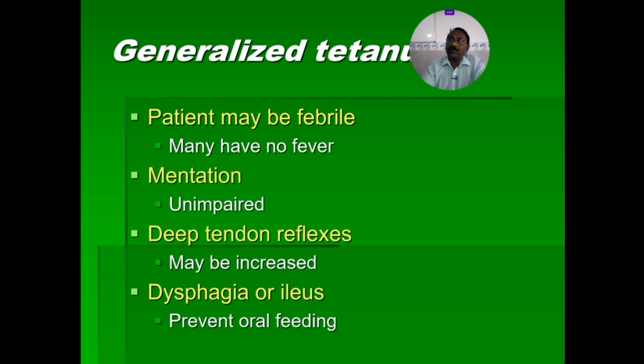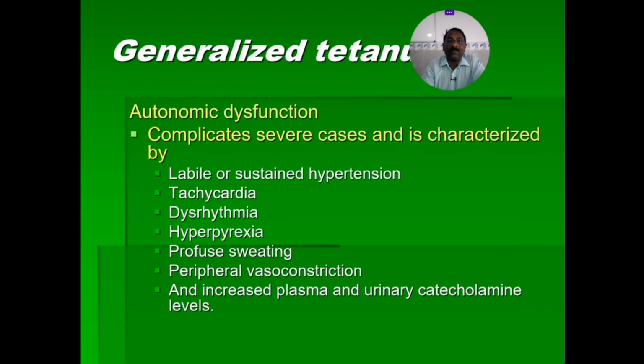The patient may be febrile, but fever is very rare in tetanus; most of the time there is no fever. Mentation is unimpaired. Deep tendon reflexes may be increased, and dysphagia prevents oral feeding, otherwise they will go into aspiration pneumonias. As I told you, autonomic dysfunction is very common in tetanus individuals. It complicates severe cases.